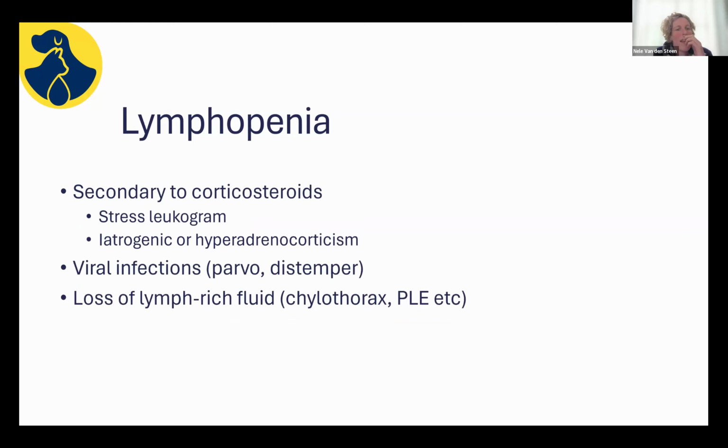I'm sorry for that. Certain viral infections, parvo and distemper, are definitely known to cause lymphopenia. And then if you lose lymphocyte-rich fluids, be it an extensive chylothorax, PLE, etc., that will potentially reduce your lymphocyte count as well. But because you can see it in stress, and stress doesn't have to mean emotional stress, physical stress as well, it's very hard sometimes to interpret a slightly low lymphocyte count as anything significant.